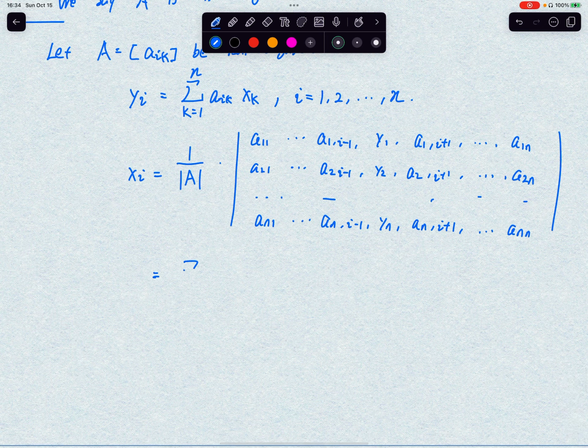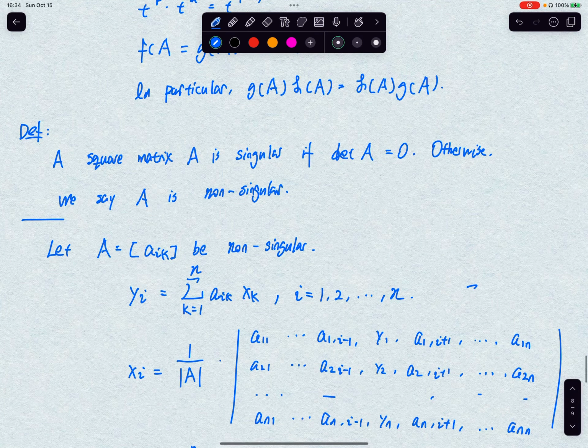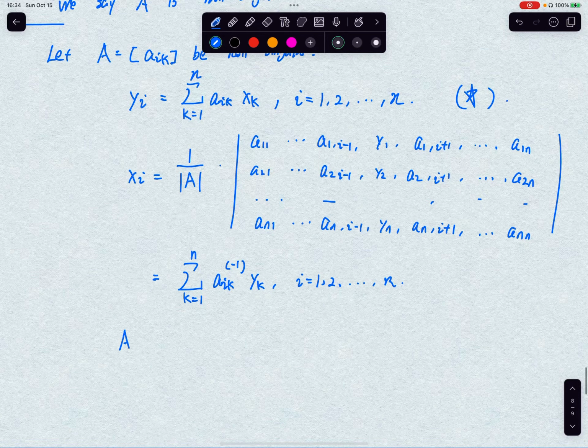And this equals the summation of k from 1 to n of (a_ik)' times y_k, where i ranges from 1 up to n. So we have obtained the inverse transformation of this equation. The coefficient matrix of this transformation, namely A minus 1 equals ((a_ik)'), will be called the inverse matrix of A.